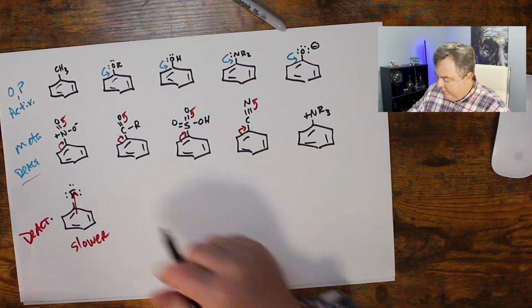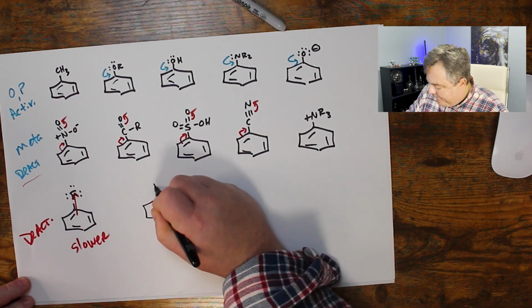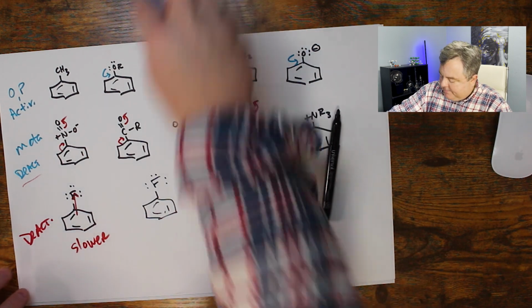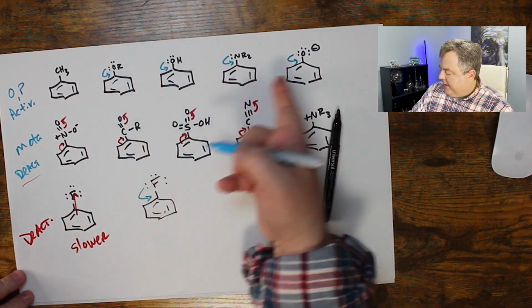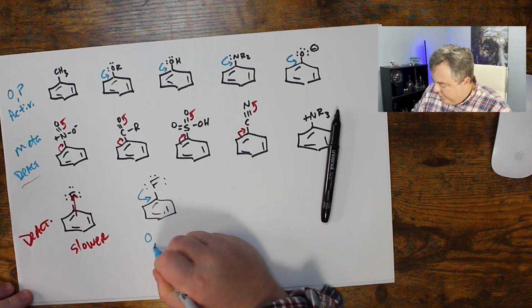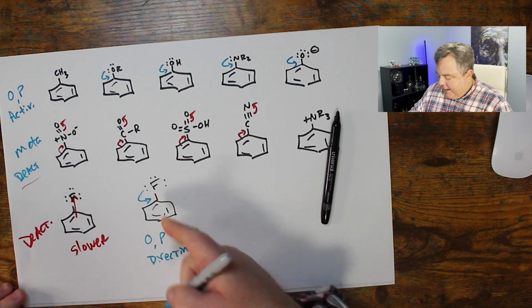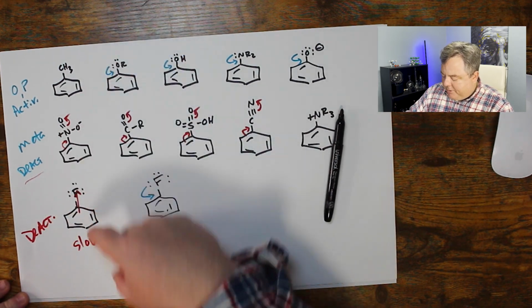But you may have also noticed that fluorine has lone pairs of electrons on it. So they can donate the electrons in much like these can. So that makes it ortho-para directing. So halides, they end up reacting slower, so they're kind of a mix of both.